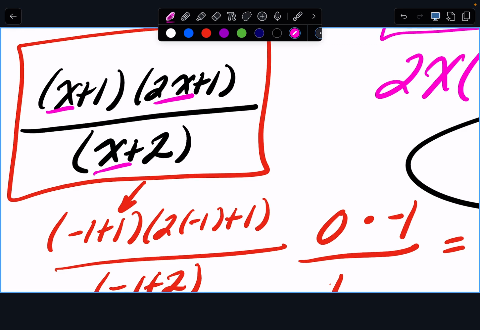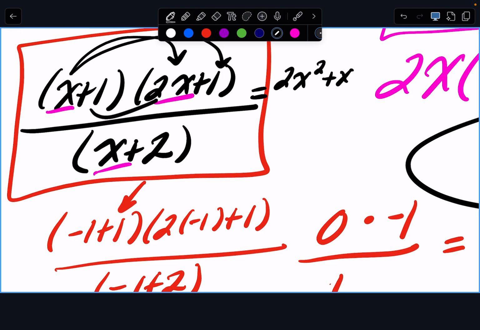We have to actually do synthetic or long division. I want to use synthetic division. Either way, I have to distribute out the whole thing because you can only do division with things not in factored form. So we have to hurry and distribute. 2x squared plus x plus 2x plus 1.